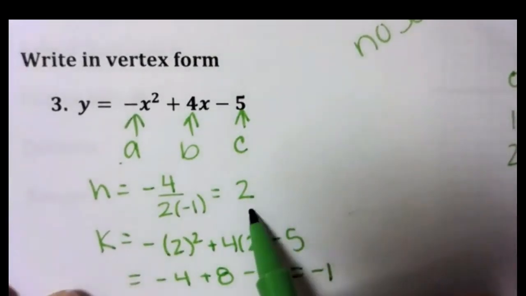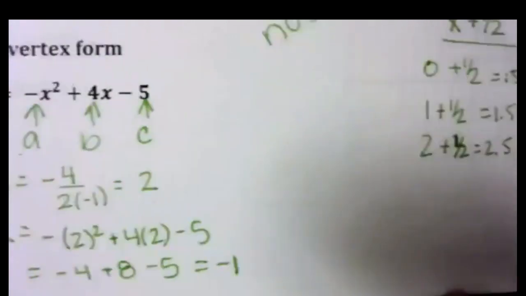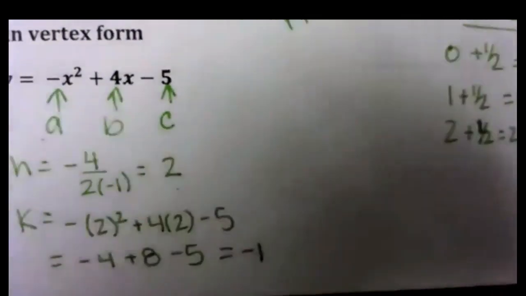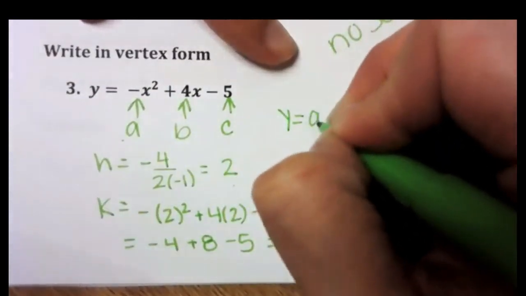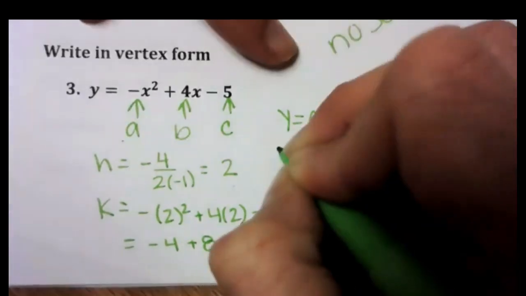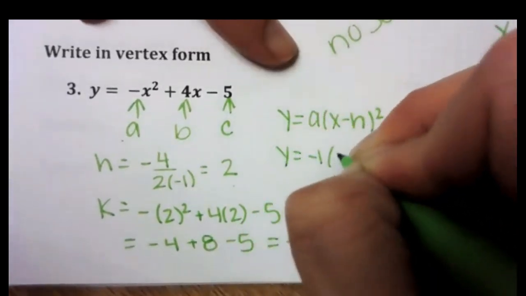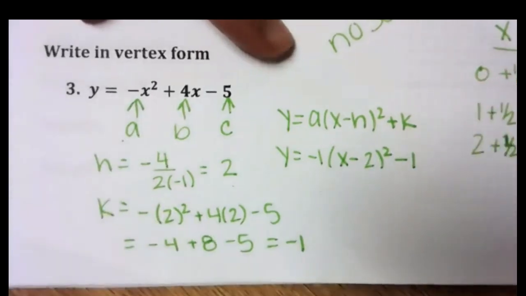So that means my h is 2, my k is negative 1, and my a is negative 1. So vertex form is y equals a x minus h squared plus k. So then you just fill in your a, your h, and your k.